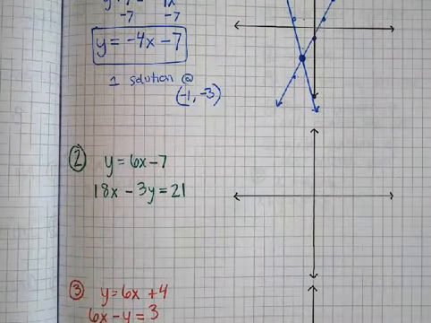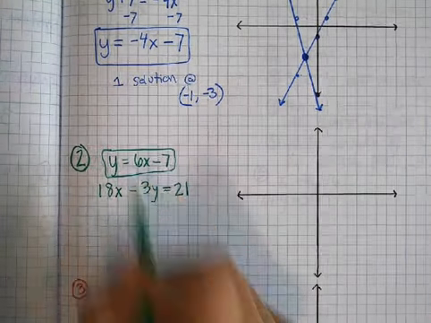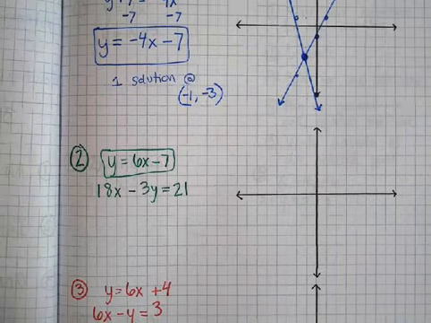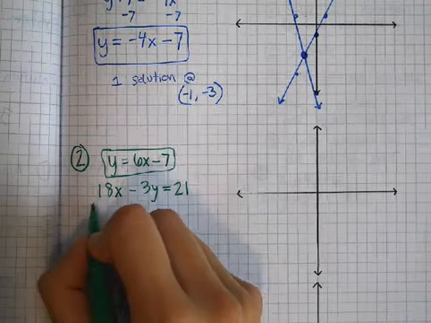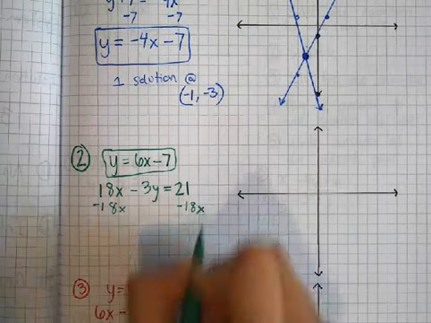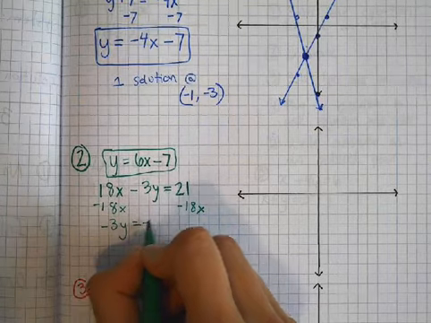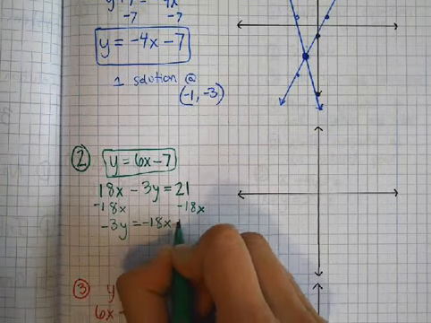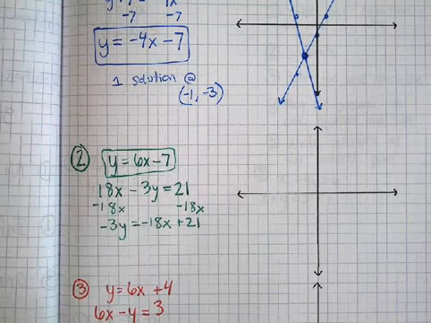Again, that first equation is good to go. We can graph this as is. The second one, we're going to have to move around and simplify a little bit. So first, let's subtract our 18x. So we've got negative 3y equals, and I'm going to put that negative 18x first, just so that it's in that mx plus b format.